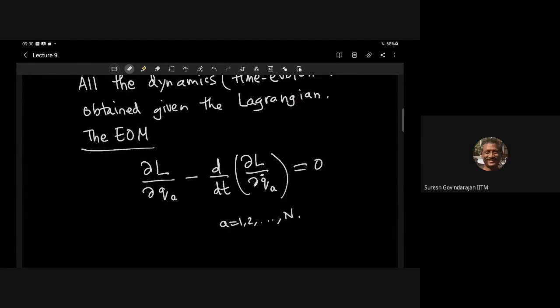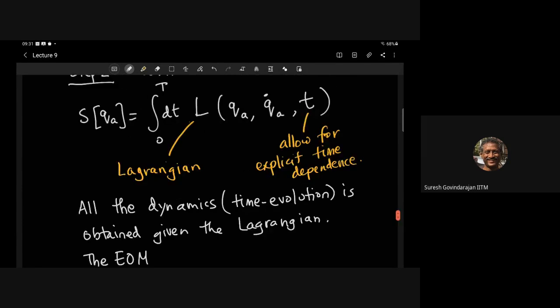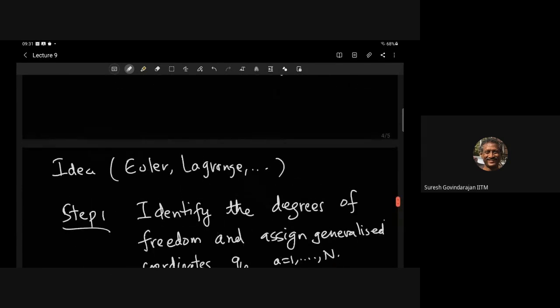But the key observation is that Newton's equations arise from extremizing an action functional, but the action functional is much more general than Newton's laws. I can choose actions which do something beyond Newton's laws. That is a key point. This is what these guys did, Euler, Lagrange, etc.